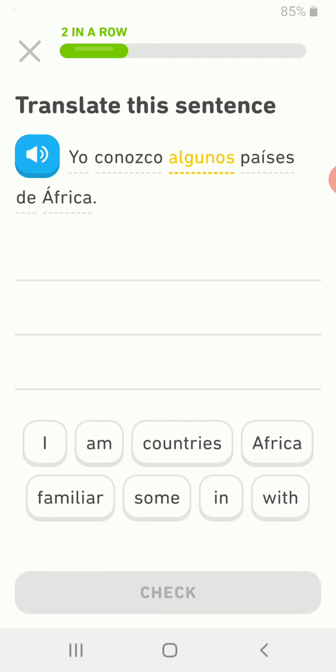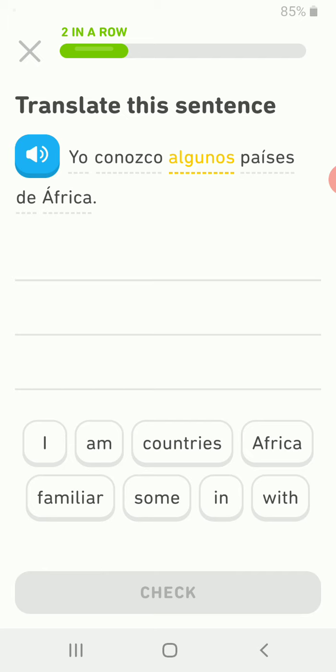How can I explain the difference between unos and unas? I think you can say unas chicas, unas chicas son aquí. I think it's possible.